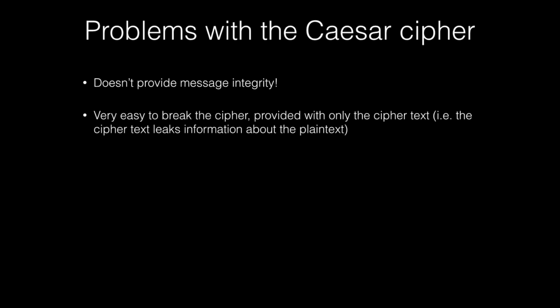And the other issue is that it's very easy to break the Caesar cipher using only the ciphertext. So if I'm trying to send a message to my friend and someone somehow manages to see that message, not necessarily intercept it, but just get a glance at it while it's being transferred, that person will be able to decrypt the ciphertext using only the ciphertext.